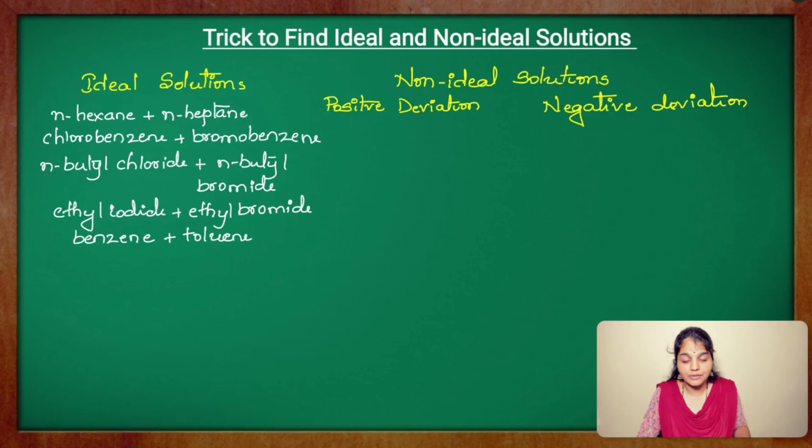Also, now let us list a few examples of non-ideal solutions showing positive deviation from Raoult's law.